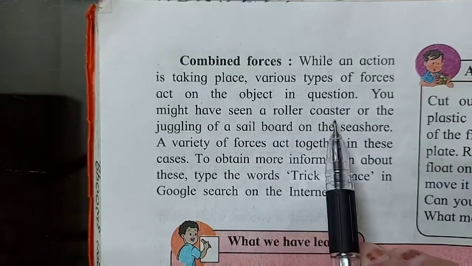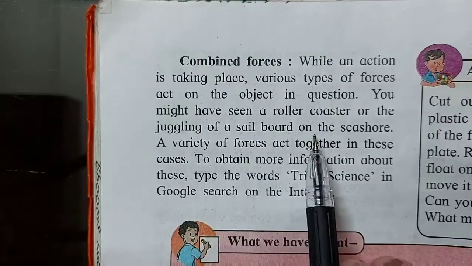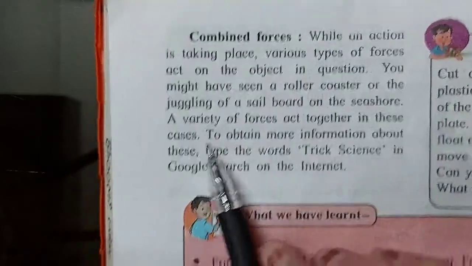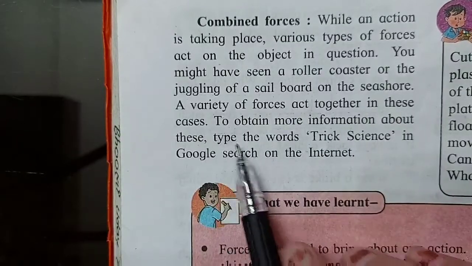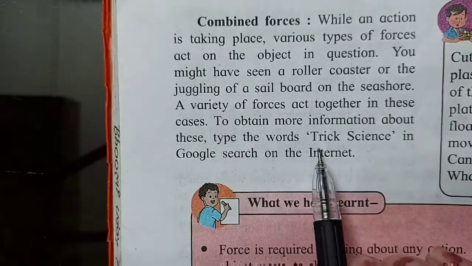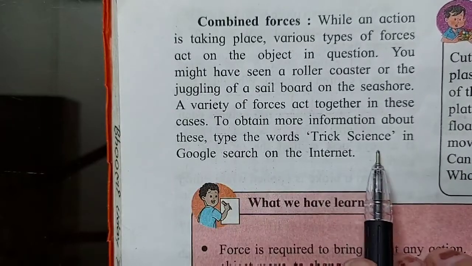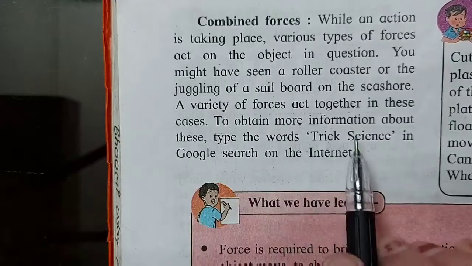You might have seen a roller coaster or the juggling of a sailboat on the seashore. A variety of forces act together in these cases. To obtain more information about these, search Trick Science on Google and the internet. You will find out more.